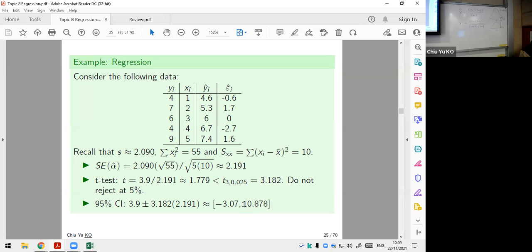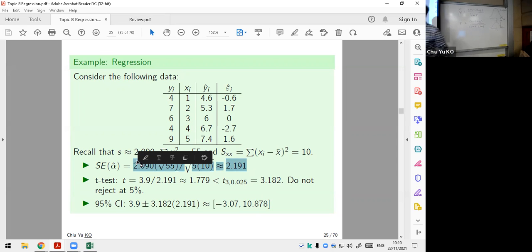So for each observation you subtract 3: 1 minus 3 squared, 2 minus 3 squared, 4 minus 3 squared, 5 minus 3 squared, added together is equal to 10. Then it's simple. We have this guy S, the square root of n is 5, this is n, and this 10 is Sxx. So that's how you get this expression there.